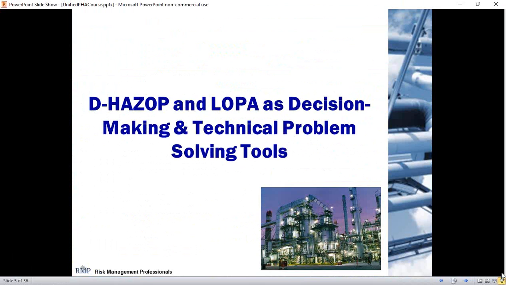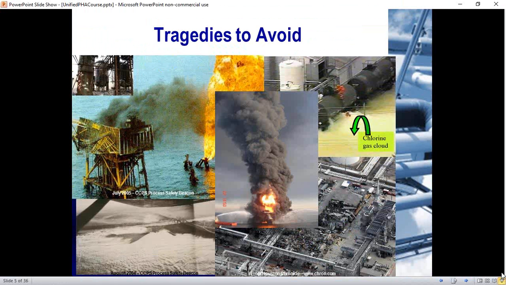So let's talk about first why you want to apply HAZOP and LOPA during the design phase in the first place. The focus is decision making and technical problem solving. This is a collage of things that have happened. Most of the people attending this webinar have responsibilities for facilities that deal with highly hazardous materials. A lot of people apply HAZOP and LOPA for operating facilities.